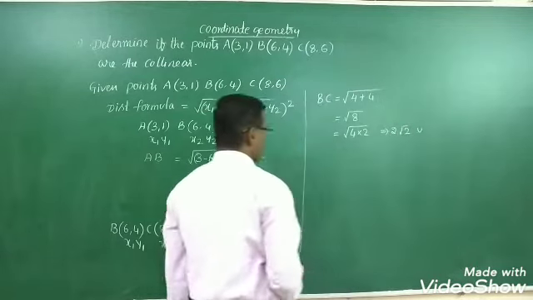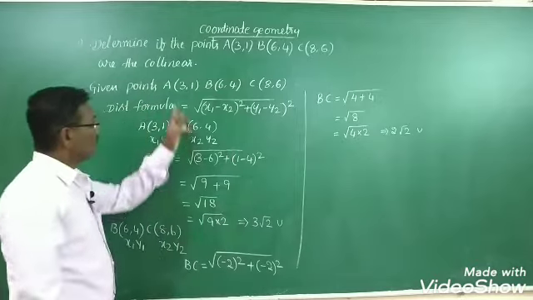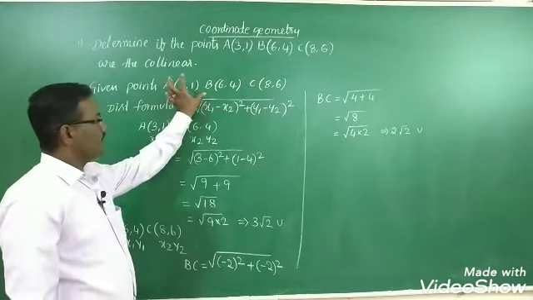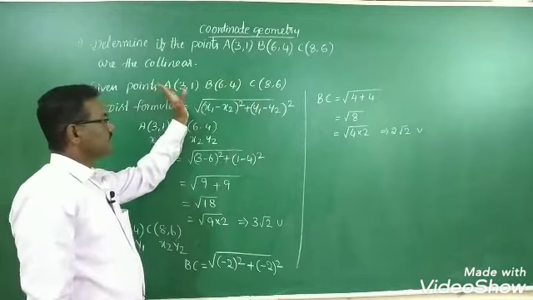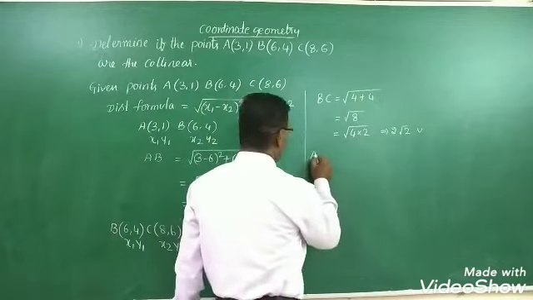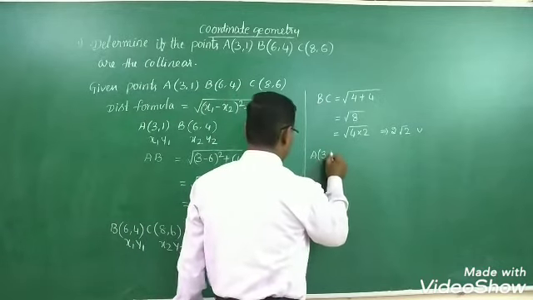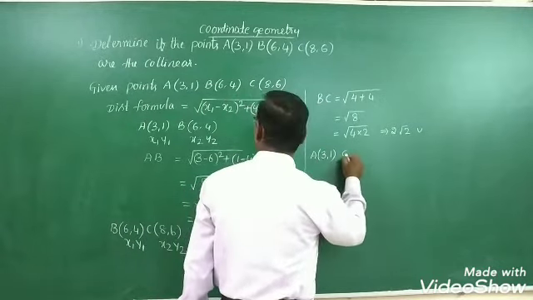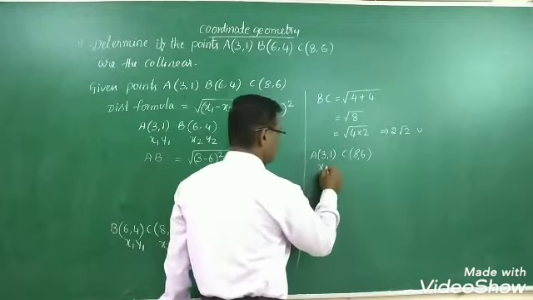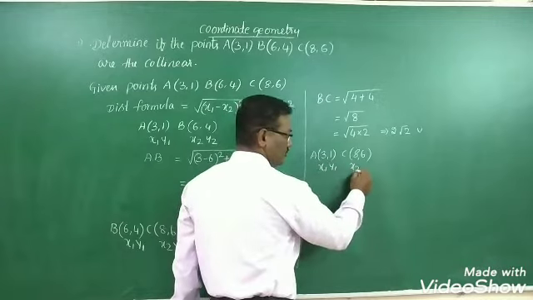Units. Again, we have to find out AC. Because first we have taken AB, then BC, next the side AC, next length AC. So A is (3, 1), C is (8, 6), x1, y1, x2, y2.